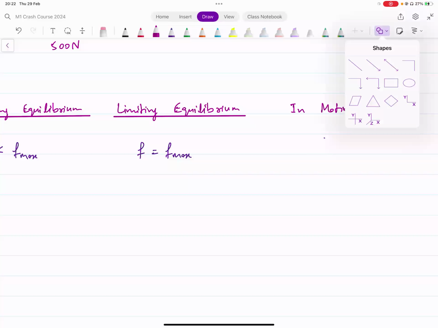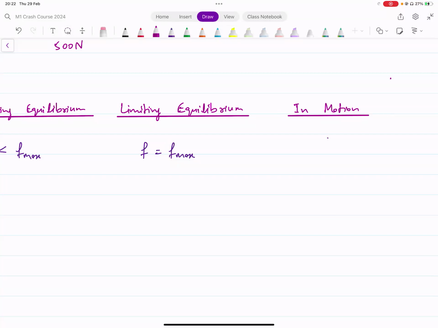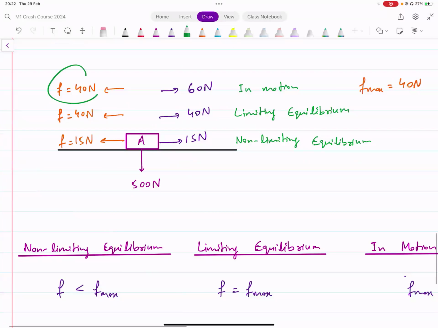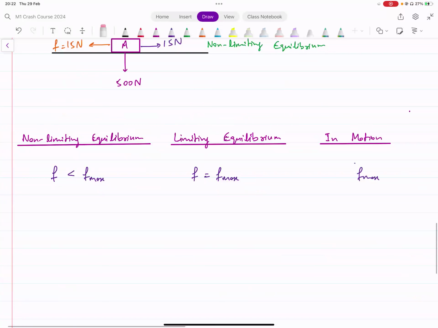You might be tempted at first, looking at the pattern, to write it as F greater than F max, but that does not make sense. Friction cannot be greater than F max, right? Friction stops at its maximum value. It can't go any further. So when the object is in motion, in that case as well, friction is equal to F max.